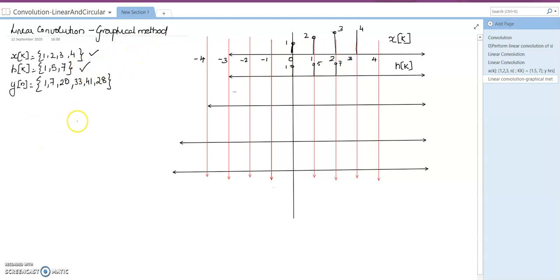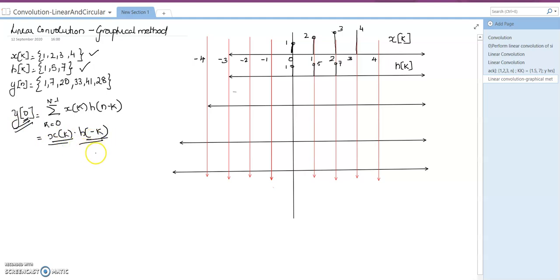This is the desired output that we are supposed to get. When we look at the formula, we get y of 0. When we substitute it in the particular formula, the sum over k of x of k into h of n minus k, and n becomes 0, it becomes x of k into h of minus k, which means to find out y of 0, you have to operate x of k with h of minus k.